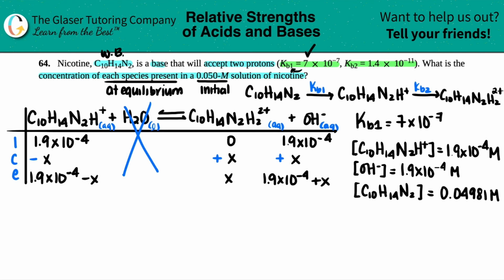Now we take the Kb2 information. So if I just swap this out for Kb2, for this following equation, it is 1.4 times 10 to the negative 11th, even a smaller number. So the same reasoning behind the last one. Since our K value is so small, even smaller than the last one, the change is not going to be great. So I can get rid of this minus x.